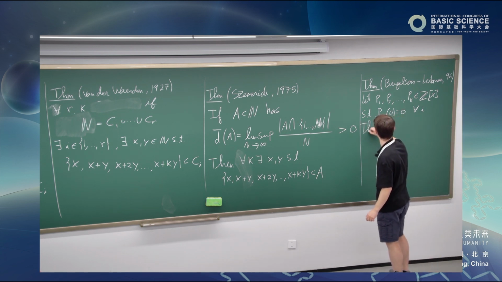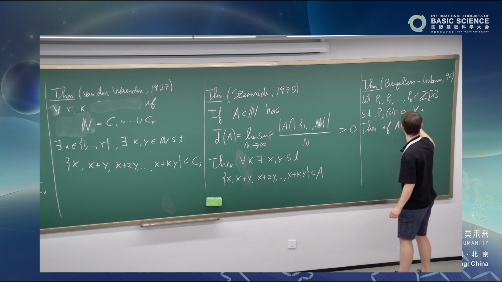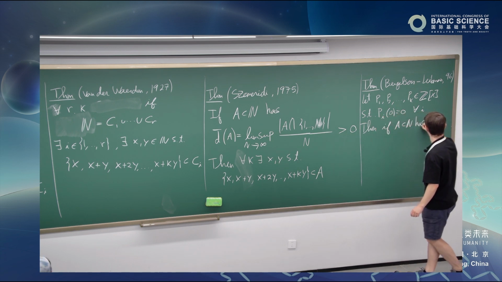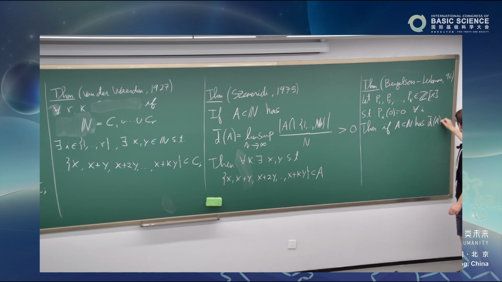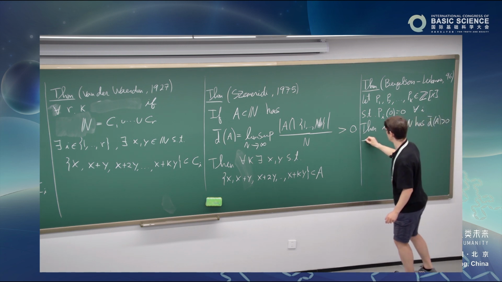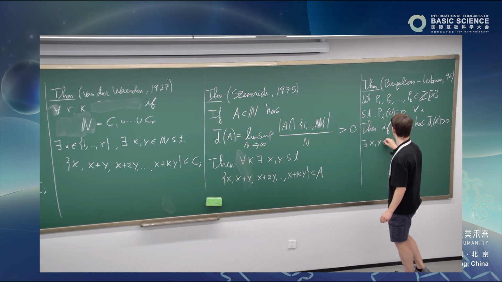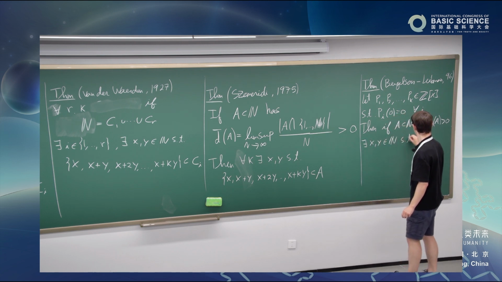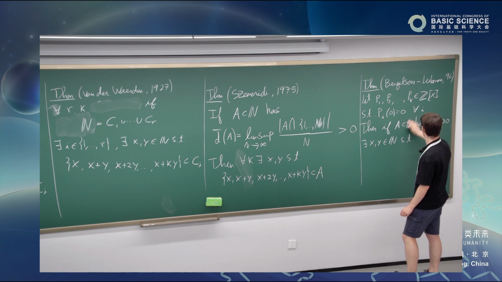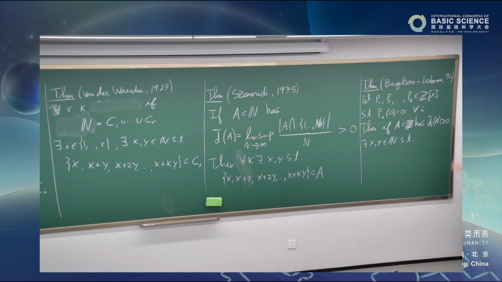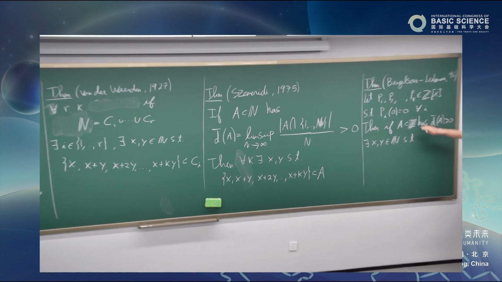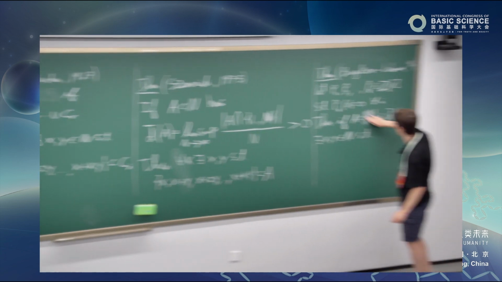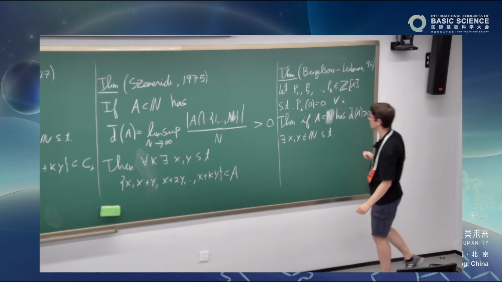So then, if A has positive upper density, there exist x and y such that, maybe because someone will ask about negative numbers, so let's say A has, oh no, it really doesn't matter. Sorry, let me stick to what I wrote.